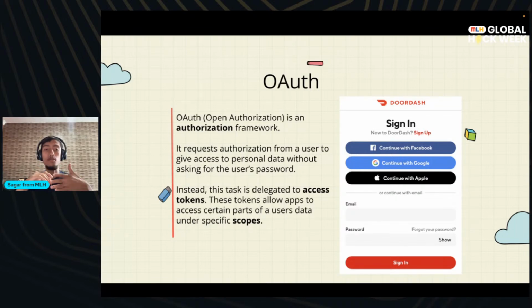So it's an authorization framework. And here we don't use username and password, as I already said. We will use something called a token that we will see in the demo part of the video. What happens behind the scenes is that once you click on these buttons and allow the application to access your Facebook profile and other data, or some other third-party application like Google or Apple, these applications will send the access token back to your application.